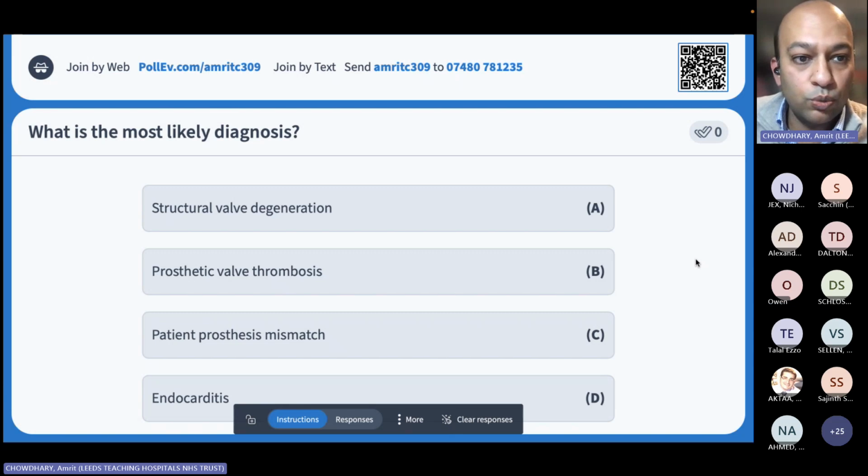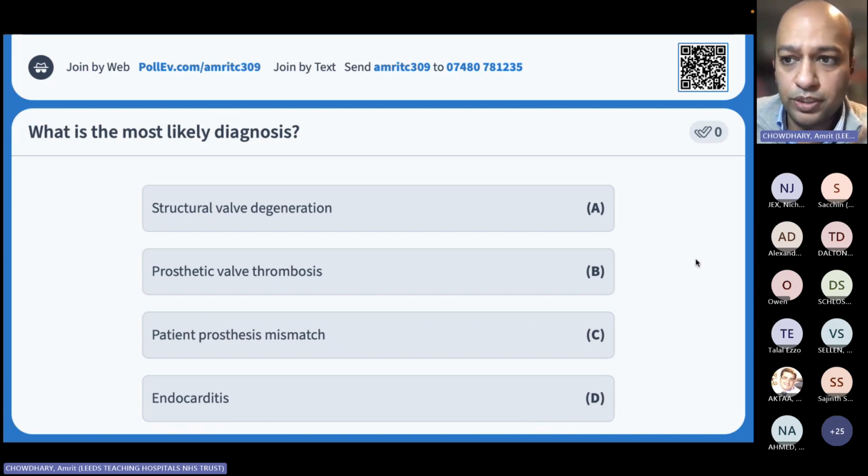So another question. What is the most likely diagnosis based on what we've seen? Again, you have to scan the QR code and then answer. The options are structural valve degeneration, prosthetic valve thrombosis, prosthesis-patient mismatch, or endocarditis.